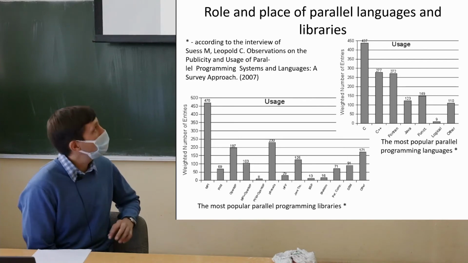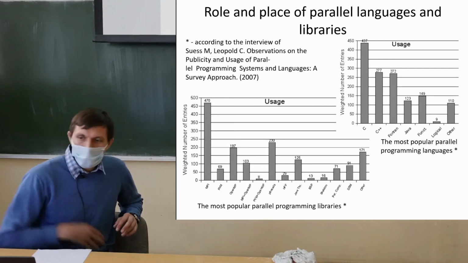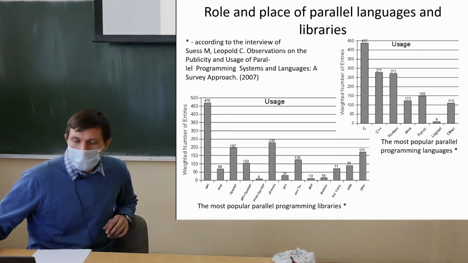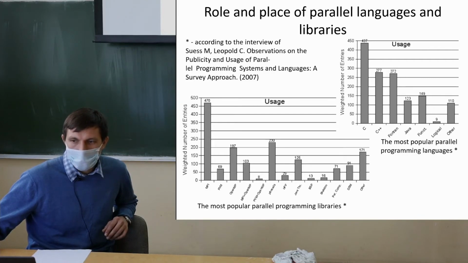So you can see here two diagrams. The first diagram tells you which language is most used when you deal with parallel programming. You can see here C first, C++, and Fortran.